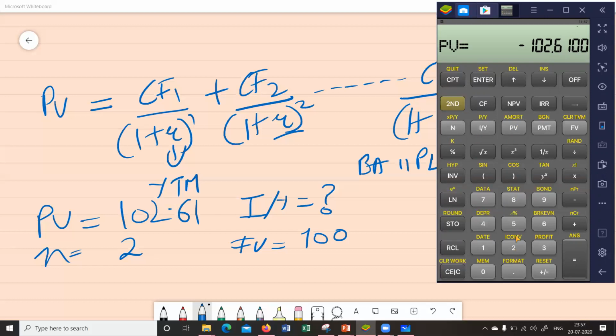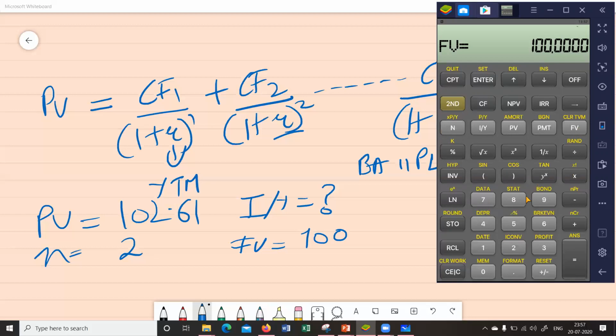Then we have tenure, which is 2, because we are going to hold the bond for 2 years, after which the money will be paid to us by the company. And I'm going to store it under N. N is nothing but the tenure. I by Y we don't know, so we cannot write anything here under I by Y. 100 is something that we will receive after 2 years, so that becomes our future value.